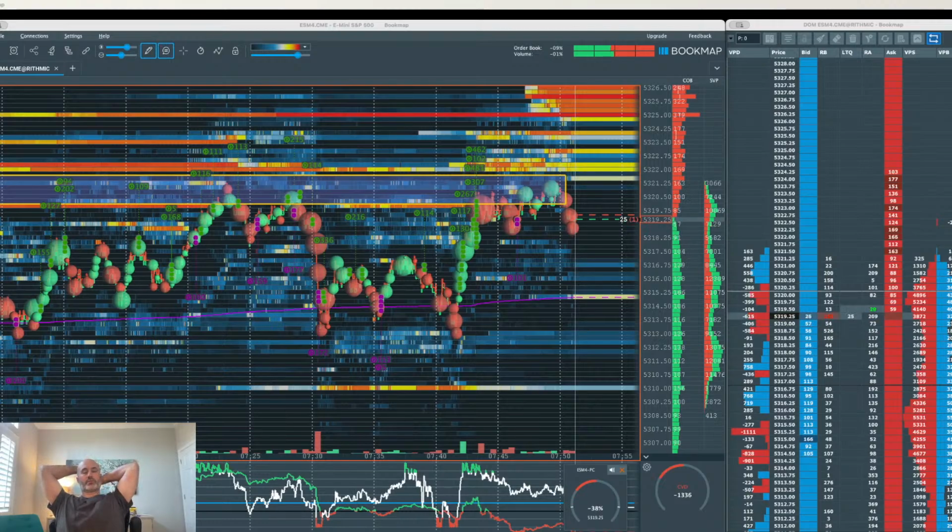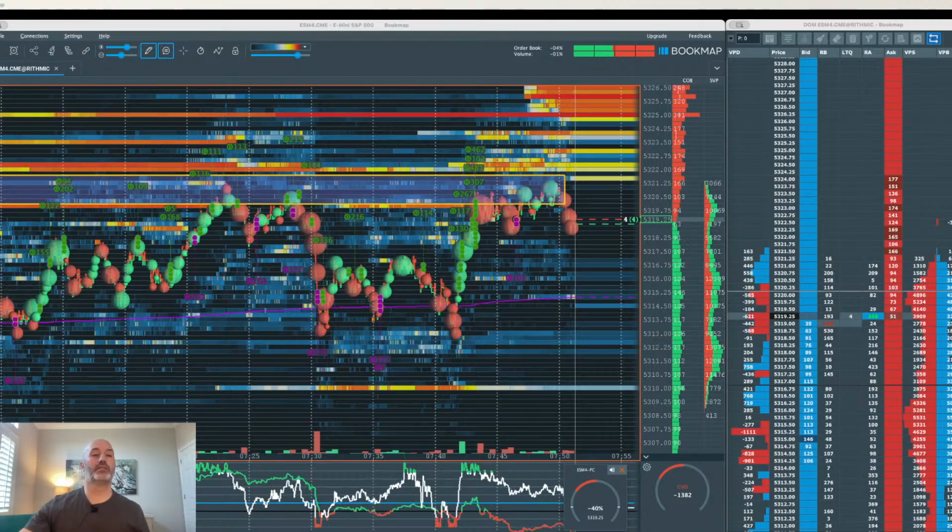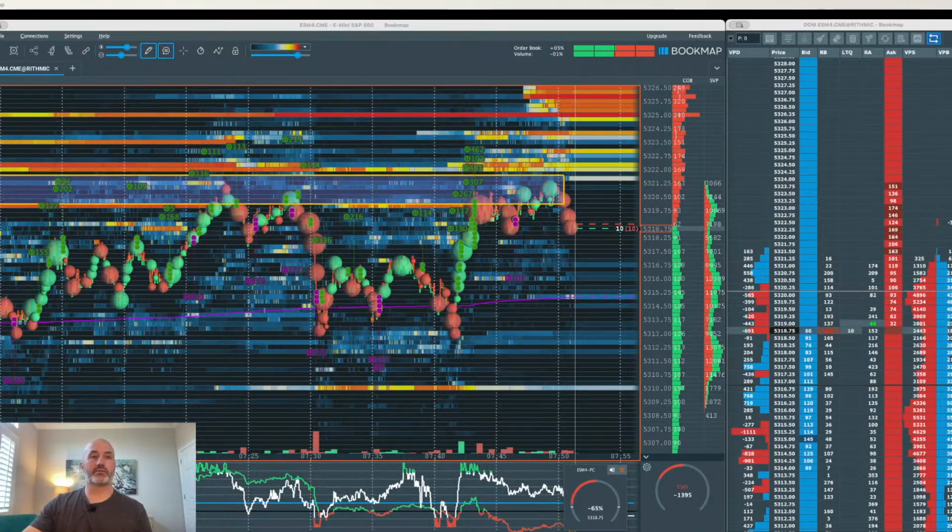It's 1.5 point risk for, again, let's see, 17 point plus reward.